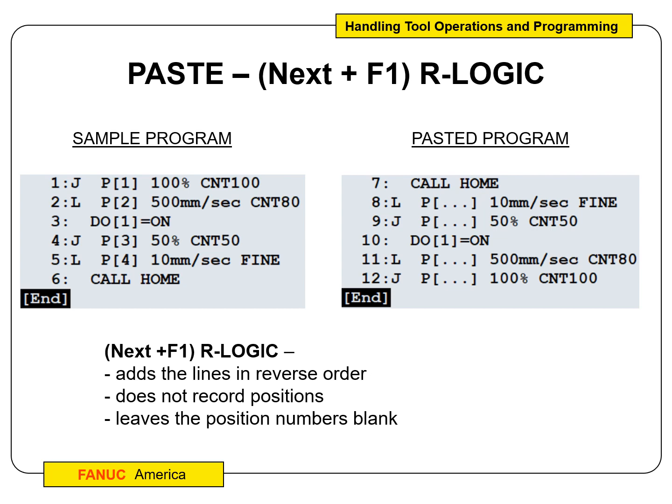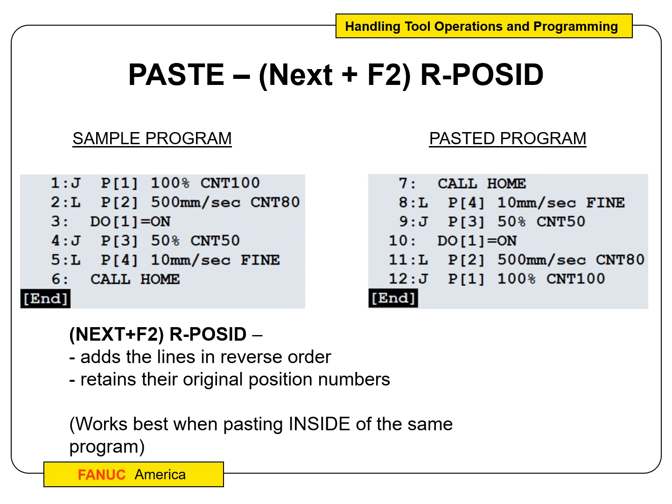All right, so reverse. The first reverse is reverse logic. It takes, say, P1 through P4 with call home, and now just reverses all the instructions, but because it's logic, your position numbers are blank. Reverse position ID is the same thing, it reverses as a position ID.